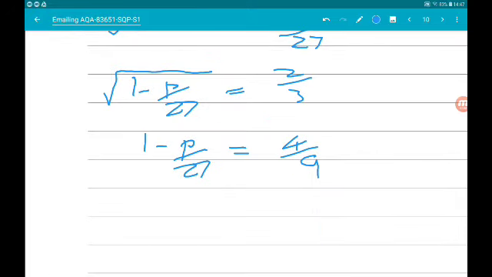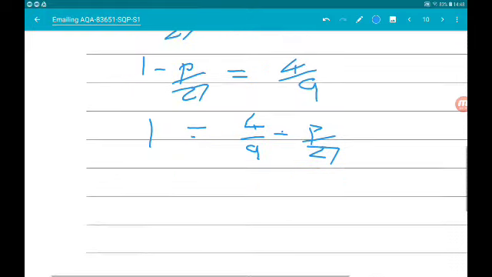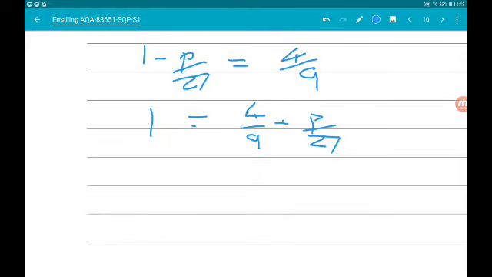If we add p over 27 to both sides, we get 1 is equal to 4/9 add p over 27, take away the 4/9, and then we get 5/9 is equal to p over 27.